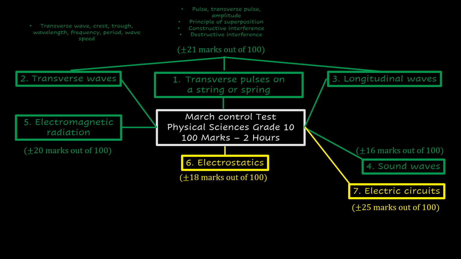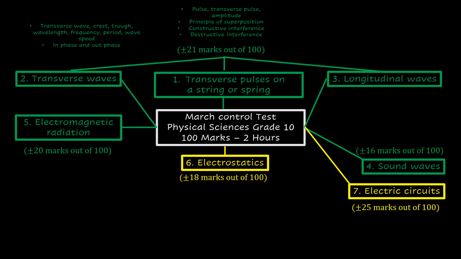If we move now to transverse waves, you need to be able to define what is a transverse wave, what is the crest of a wave, what is the trough of a wave, what is the wavelength of a wave, what is the frequency of a wave, what is the period of a wave, and also define what is the wave speed. Know those definitions.